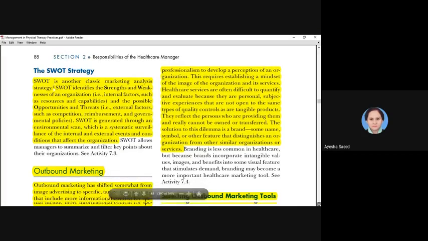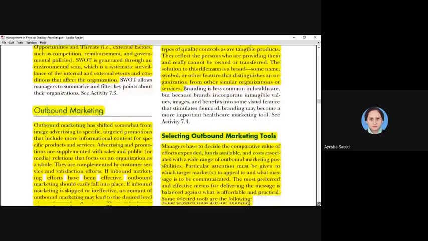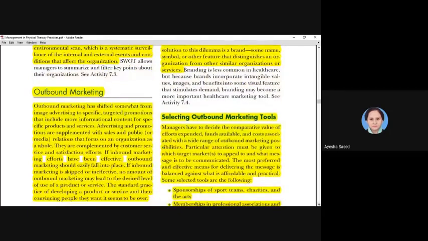Selecting other outbound marketing tools. Managers have to decide the comparative value of efforts expended, funds available, and costs associated with a wide range of outbound marketing possibilities. So, you have to select and decide from the range available.